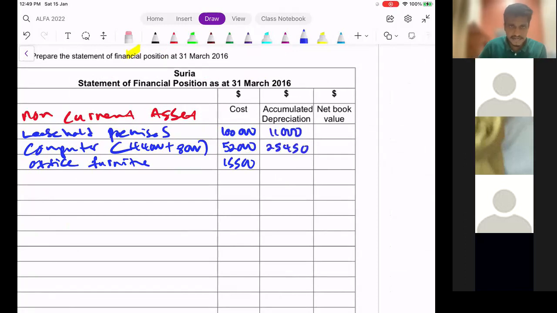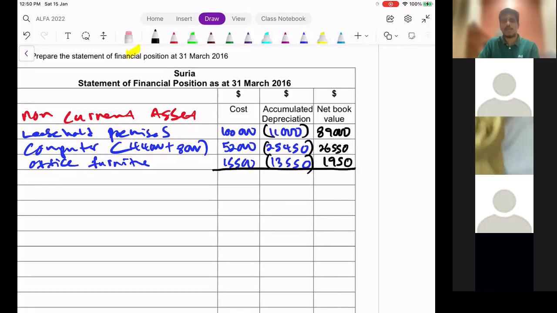You can double check and calculate yourself. Office furniture is 13,550. I'm done with this. Now you total up. 100,000 minus 11,000, I get 89,000. 52,000 minus 25,450, I get 26,550. 15,500 minus 13,550, I get 1,950.